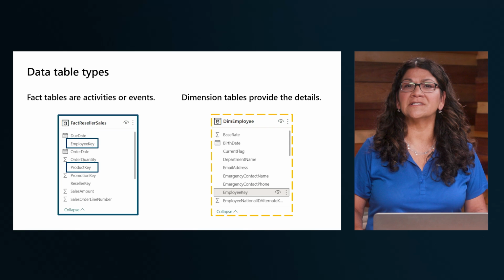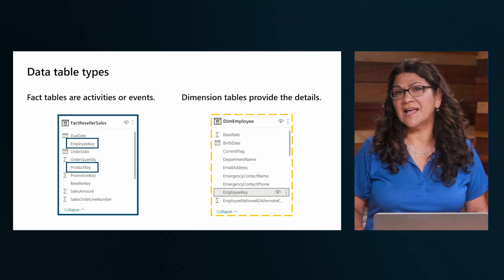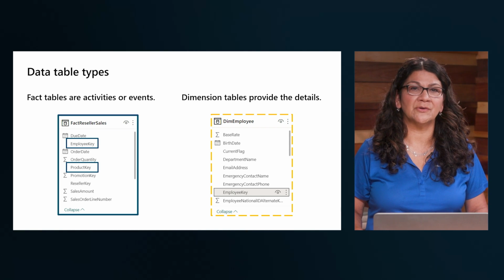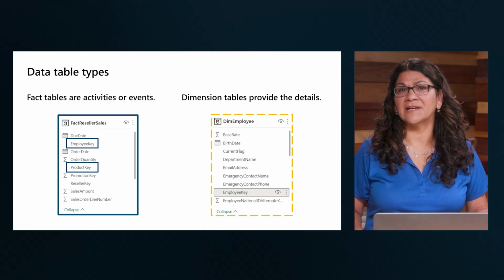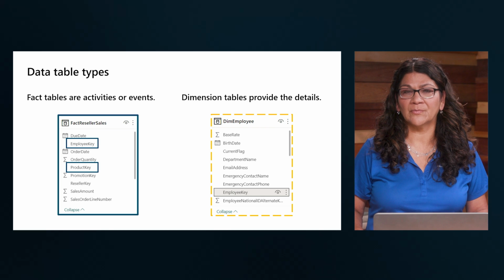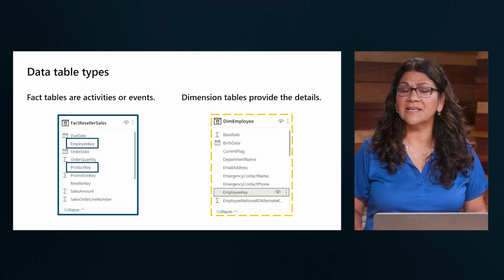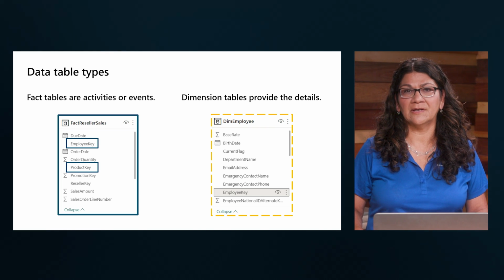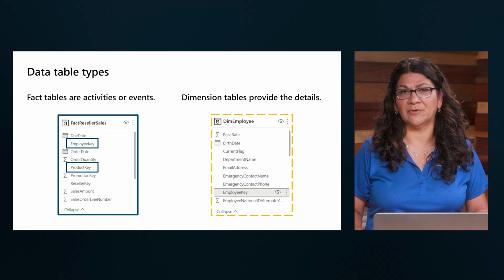It also supports summarization, since it has the numbers like sales amounts, units, margin, etc., that you might want to summarize or use in calculations. It also contains the foreign key for each relationship that it has with the dimension table.